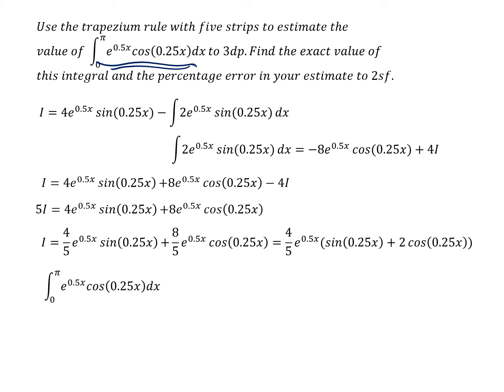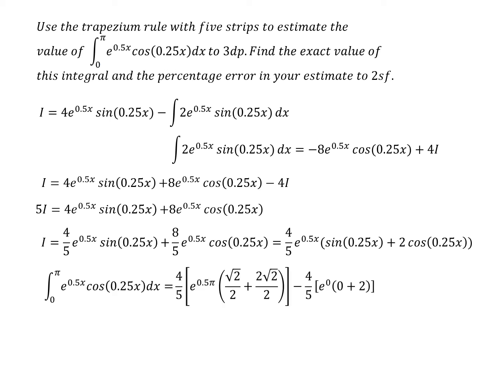Ready to come back to our original integral, which is the integral from 0 to pi, so we've just got to substitute the limits in now. The upper limit is pi, and the lower limit is 0. When I substitute the upper limit of pi in, I get pi here, here, and here. The sine of 0.25 pi, which is pi over 4, is root 2 over 2, and so is the cos of 0.25 pi.